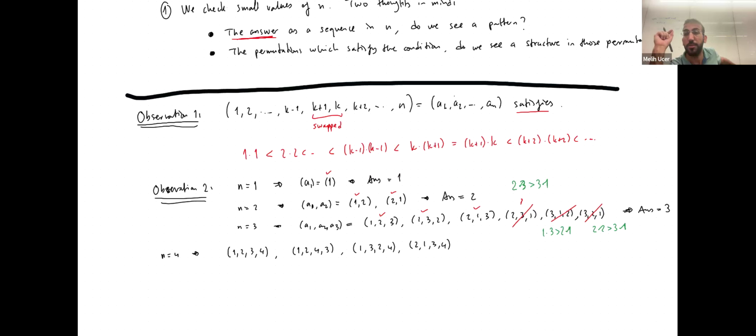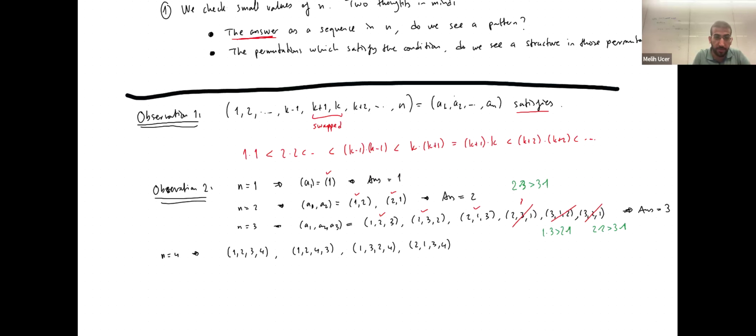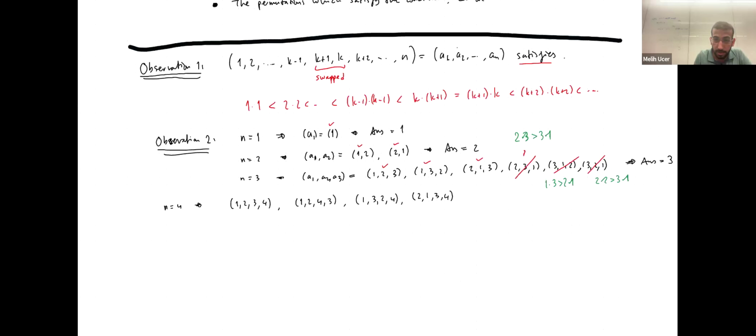So which inequality will fail? If I place 1 in any place other than the first 2 places. Okay, yeah, this is a very precise observation now. Good. So I can write this as, so I am leaving this. I will come back to it.